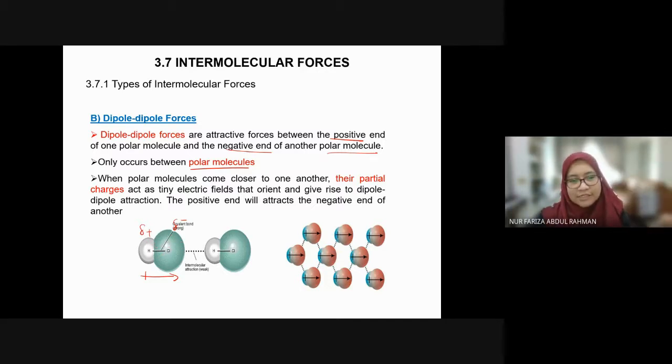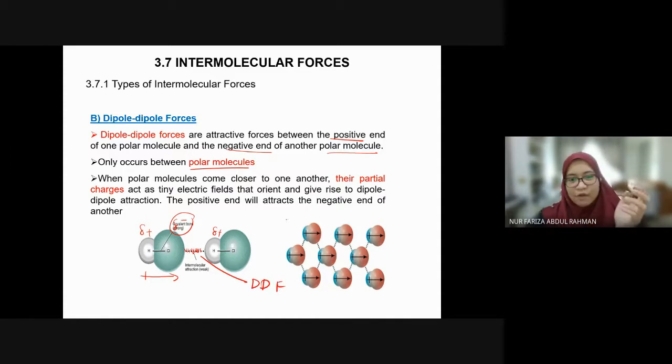Okay, alright. So this will cause the neighboring molecule to adjust itself. Dia pandai dia berpusing. This is slightly negative, so it will adjust itself so that it will be attracted to the negative end. So ini akan jadi positif lah. So this is what we call dipole forces.